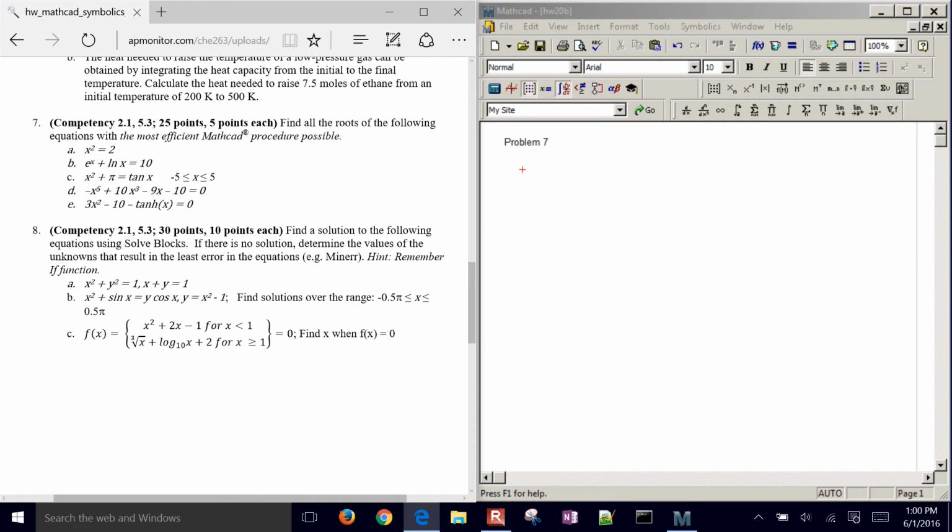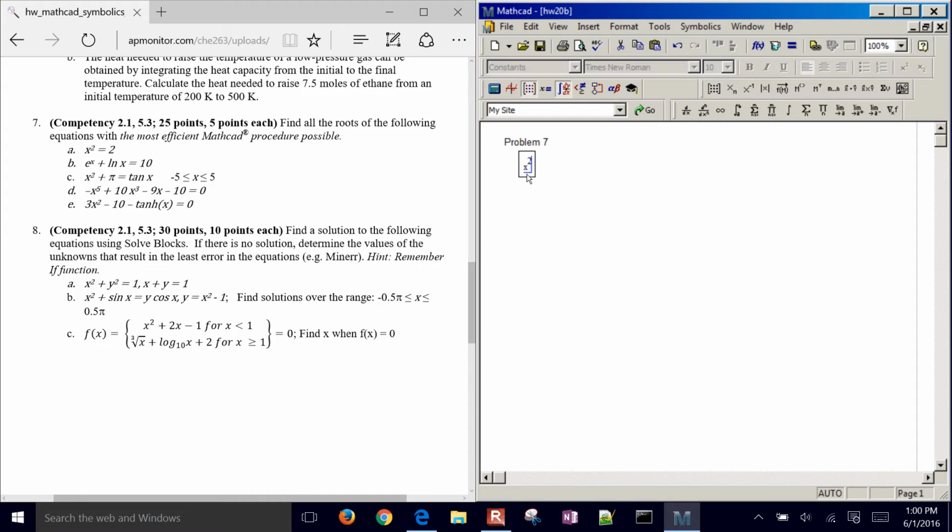For the first one, I'm just going to put everything onto the left-hand side of the equation, minus 2, and I'll press Ctrl+equals there, equals 0, just to show that kind of like a comment. In order to solve this, I'm going to use polyroots.